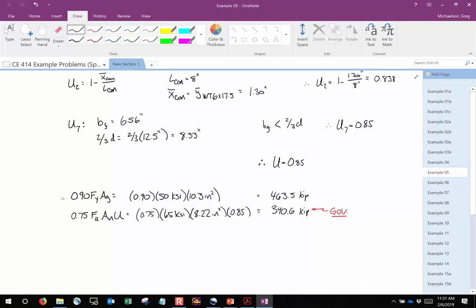Now lastly, and I like to do this at the end just to ensure that there's a summary, just to make sure I didn't do anything completely incorrect, I like to compute my L over R ratio.